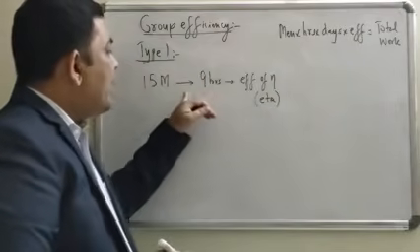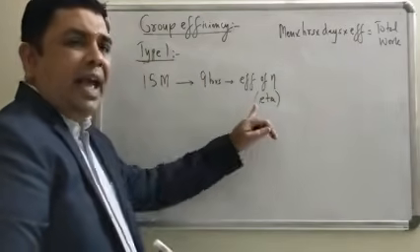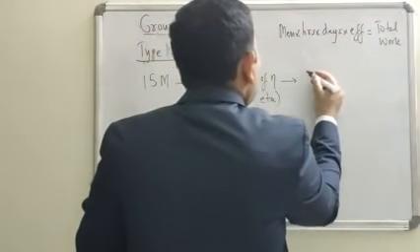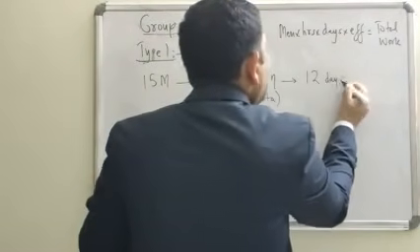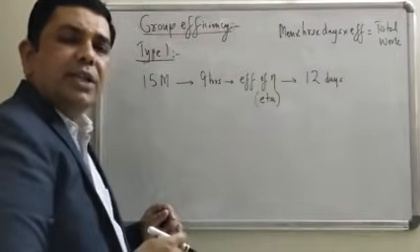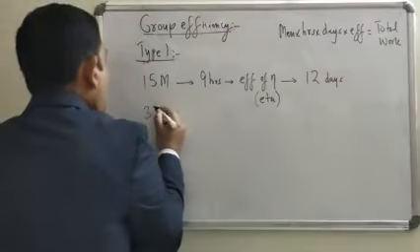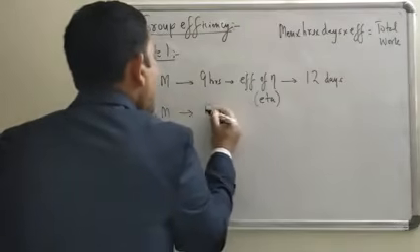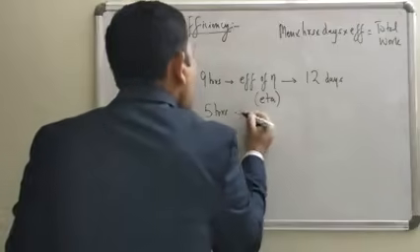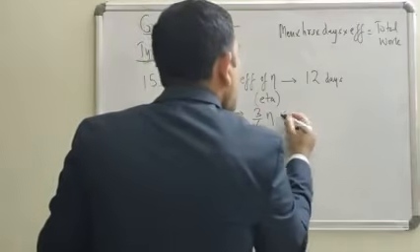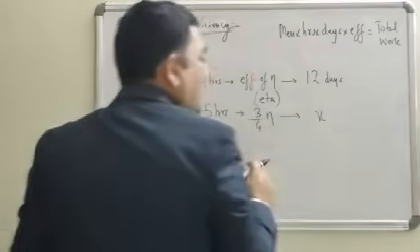So 15 men, 9 hours every day, efficiency of eta, can complete a task in 12 days. What is the question? In how many days can 36 men working for 5 hours at an efficiency of 3/2 eta complete the task?